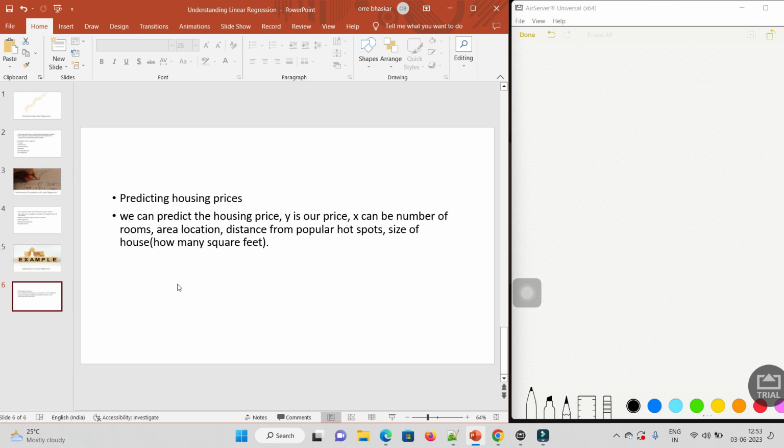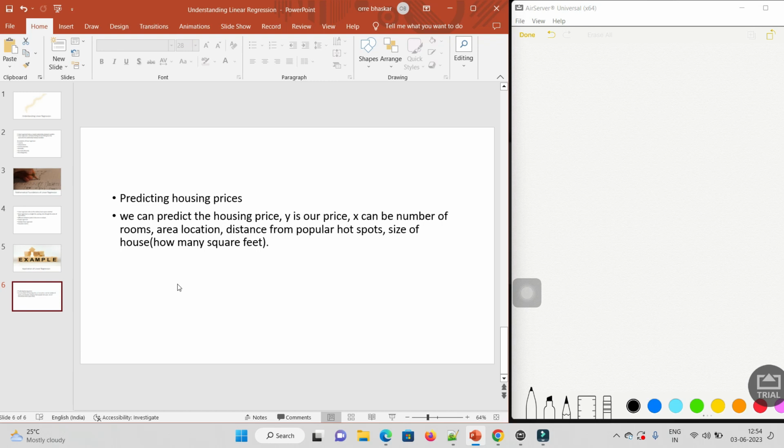Y is our price. What is Y? Y is the dependent variable. So we want to predict the housing price. What do we need? We need independent variables. What can they be? Let's think. It can be area, location, distance from popular hotspots, number of rooms, size of the house, that is how many square feet.